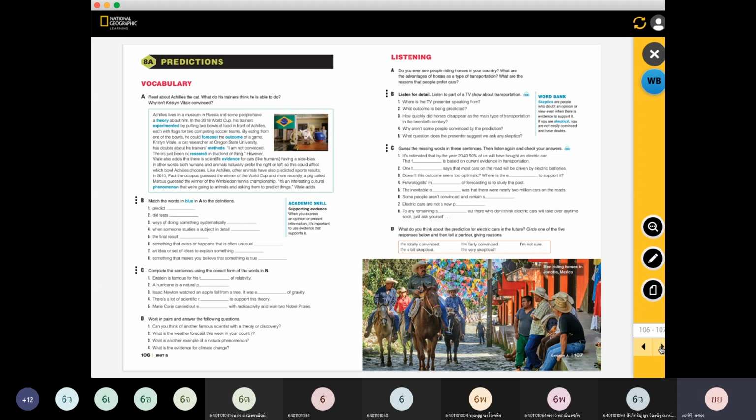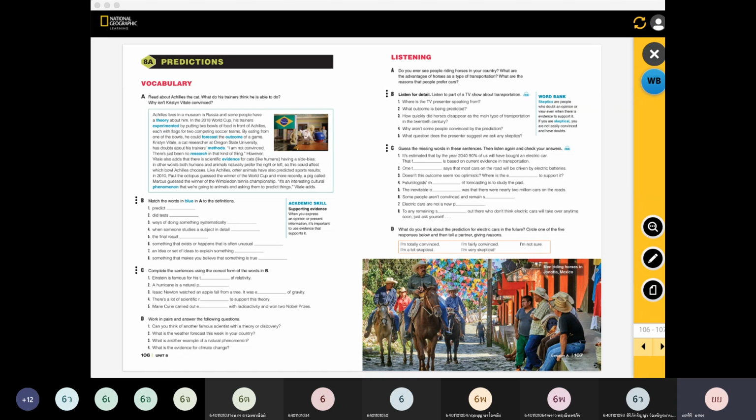So when we talk about science, we talk about predictions, because we want to see something in the future. We predict something, we forecast. You can see science in our life. In general, we can see it from the weather forecast.